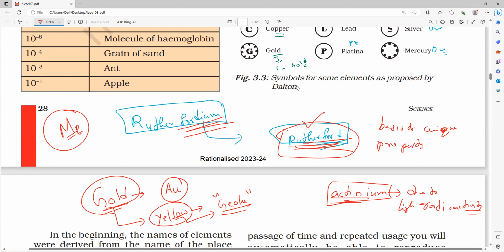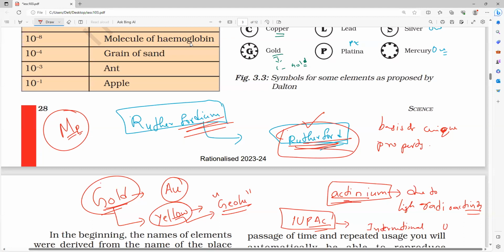But now the symbols and names are approved by an organization. Before, if you discovered something, you could keep any name. But now you cannot. Only the discovery or invention is in our hands. The name is decided by IUPAC. What is IUPAC? Very, very important question. Anybody?